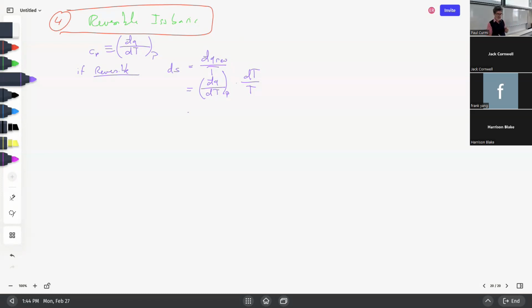So this is just my Cp dT on T. Okay, that's only true if it's reversible.